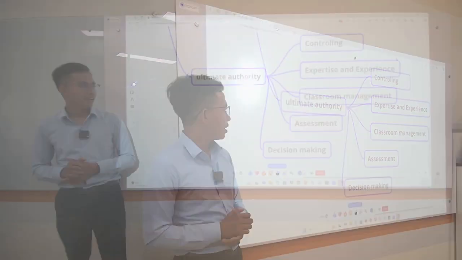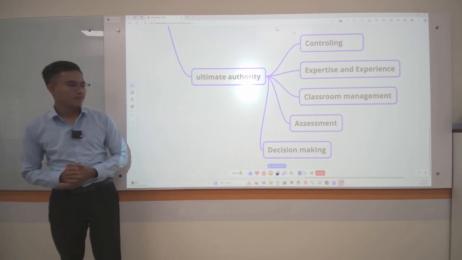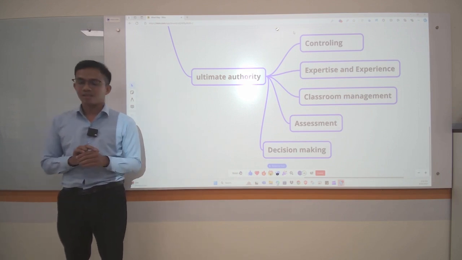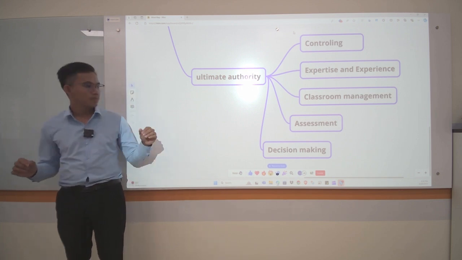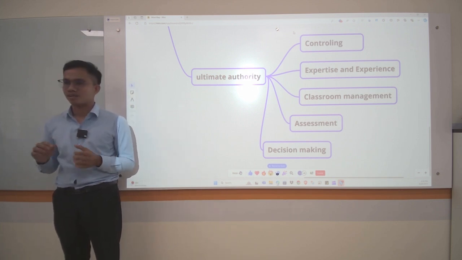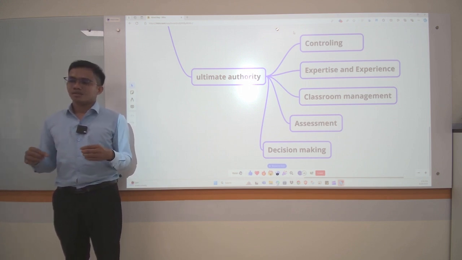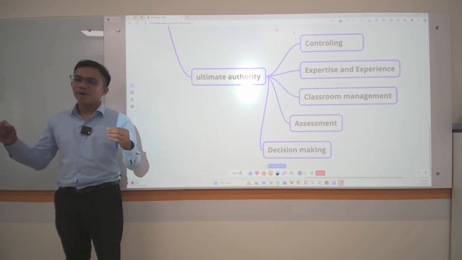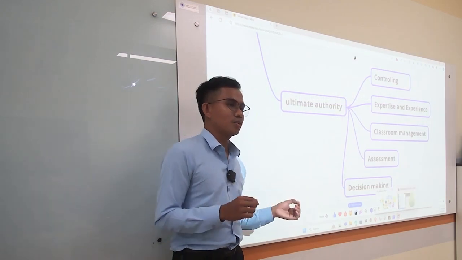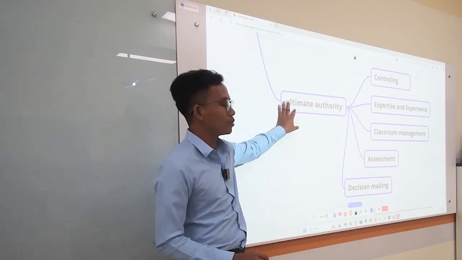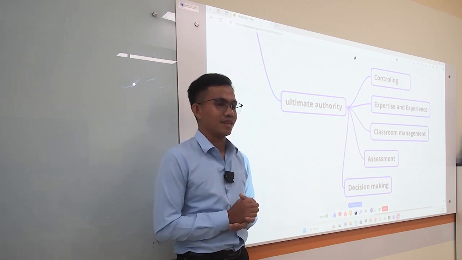And another point, the last point for me, is decision making. It is very important for the teacher to make decisions for the students, because students sometimes cannot make decisions by themselves. So they need the teacher, and the teacher needs to use his authority to make decisions for the students.